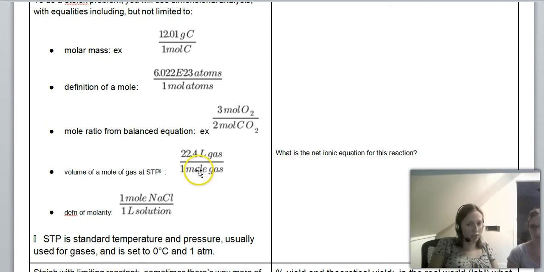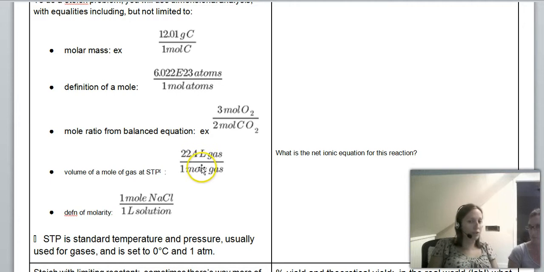Under those conditions, 1 mole of any gas, like hydrogen gas, H2, or chlorine gas, Cl2, or carbon dioxide gas, CO2, takes up the volume 22.4 liters. Only if it's at STP.